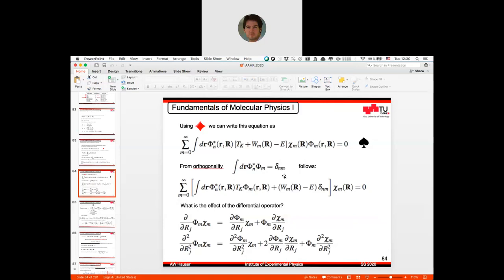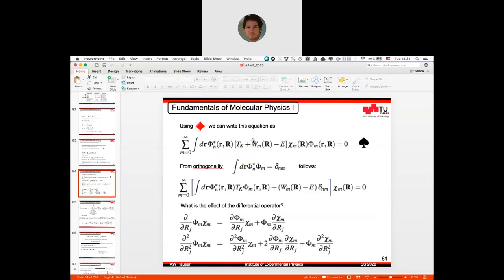Now, with this knowledge, we can simplify our expression for the total Schrödinger equation. If you look at the equation here, you see we have already made one simplification. Namely, I have taken advantage of the fact that phi m is an eigenfunction of the electronic part of the Hamiltonian.